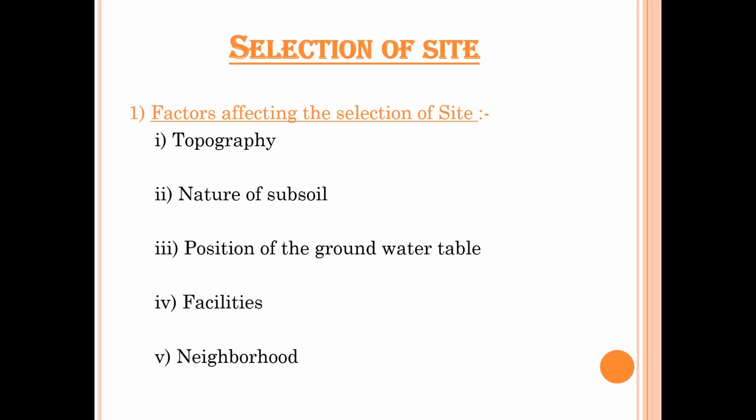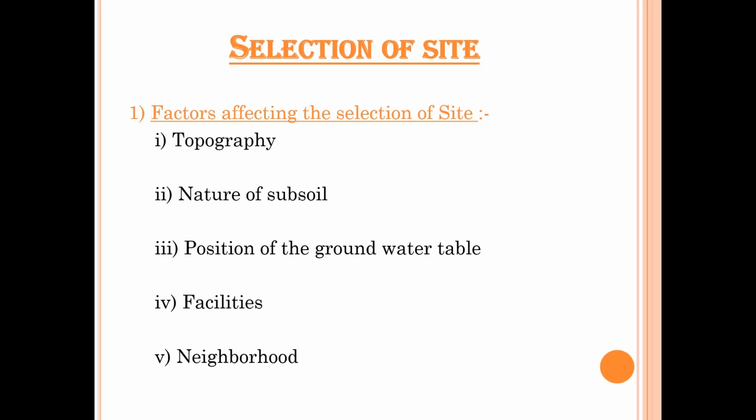The water present in the ground is called groundwater, and the level of this water is called the groundwater table. The groundwater table should be at a sufficiently lower height, because if the groundwater table is high, it tends to uplift the building. So those things should also be avoided.